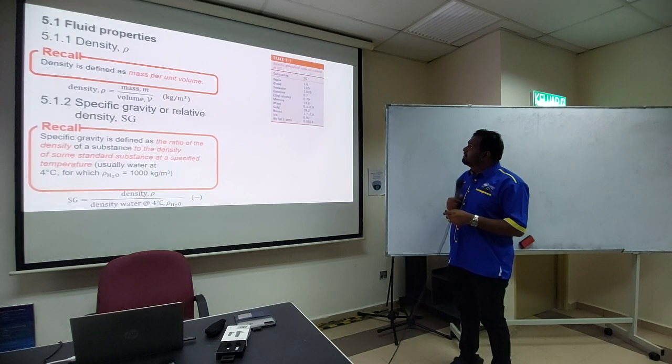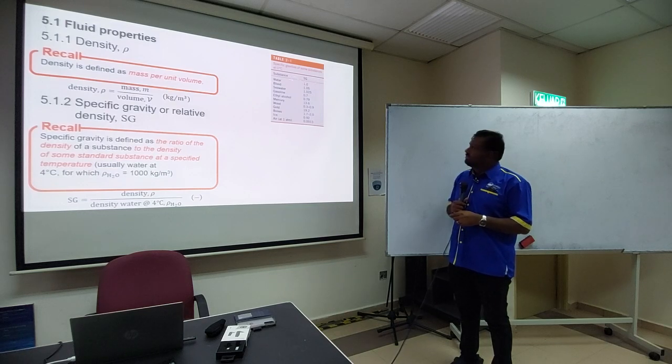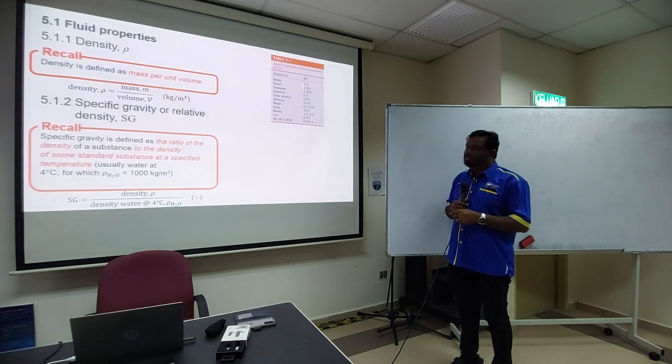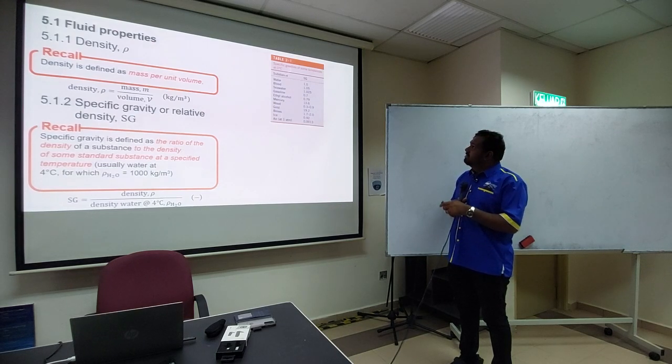So some of the specific gravity at 0 degree. So water 1.0. Why 1.0? Why water 1.0? Because water over water. So the density of water is 1000. 1000 divided by 1000. So you get 1. Okay. So blood 1.05.